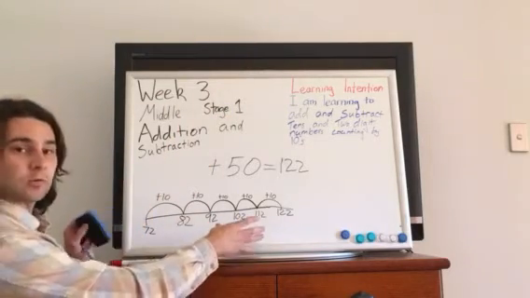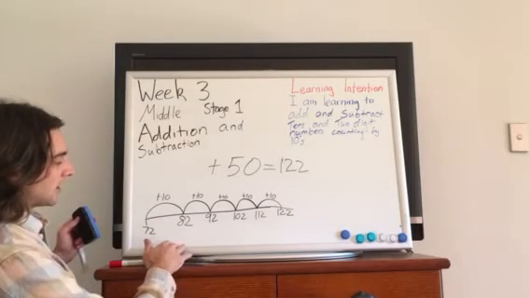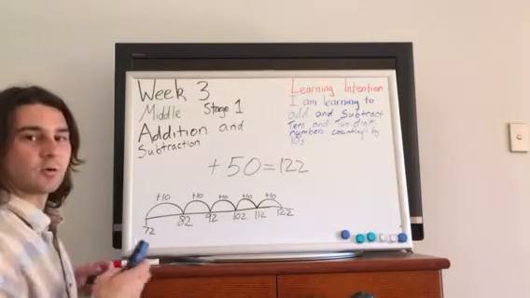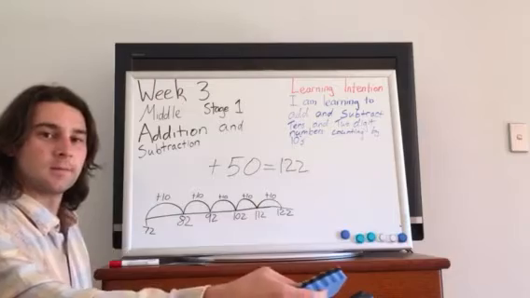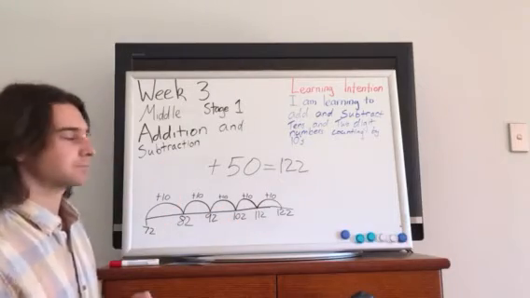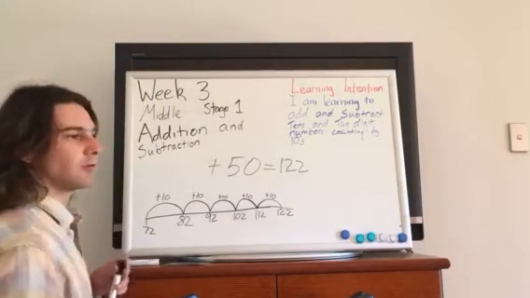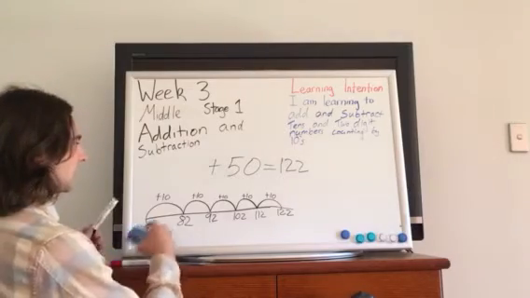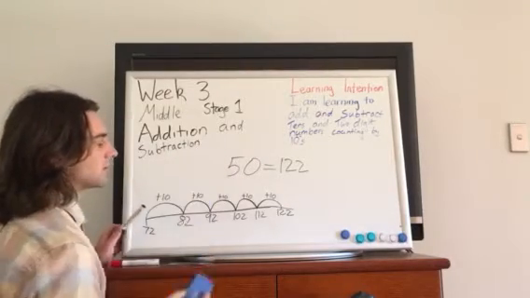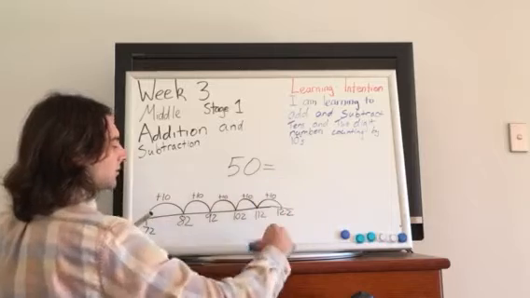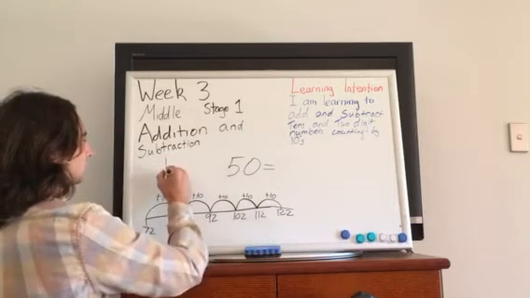So if my whiteboard was longer, I would be putting my subtraction right underneath so I can see how you've moved forward and then you've moved back. An example of how you could do this, I am going to now move into subtraction. My answer was 122.